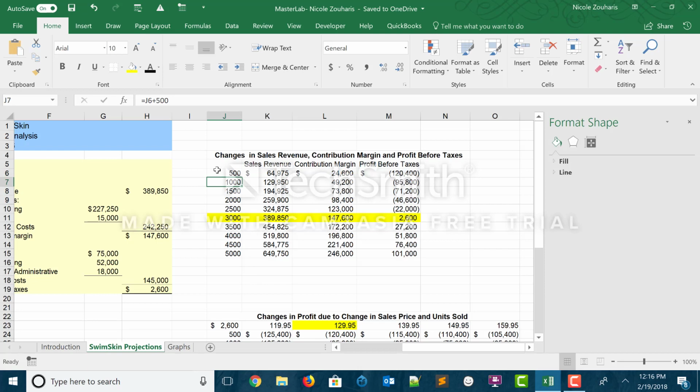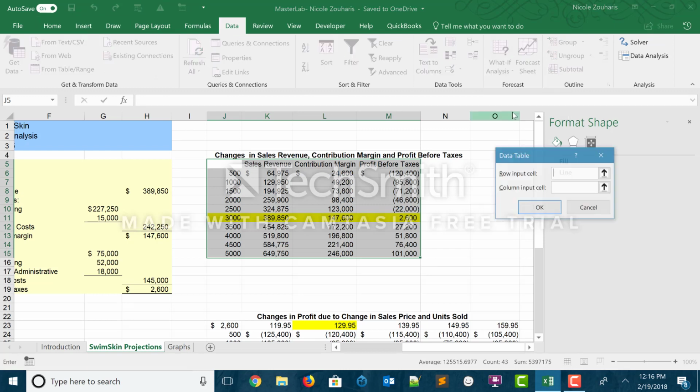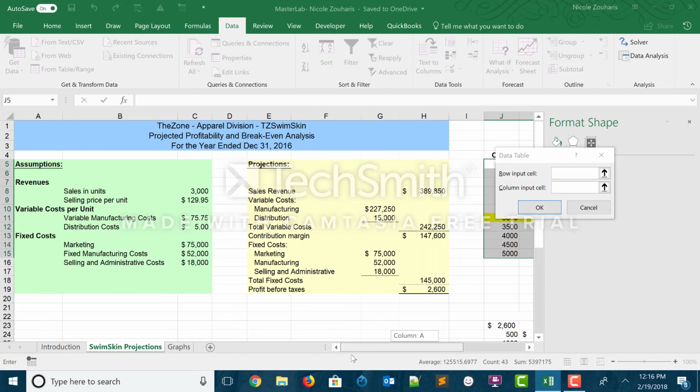Once we had our data table ready to be produced, we highlighted J5 to J15. Go to the Data tab, What-If Analysis, Data Table, and for the column input, we directly referenced cell C8 because we were only looking at changes in units sold.